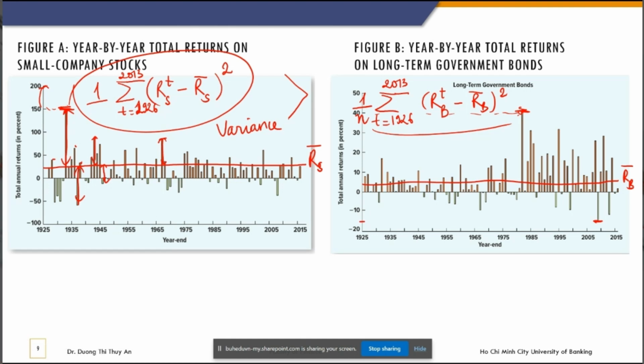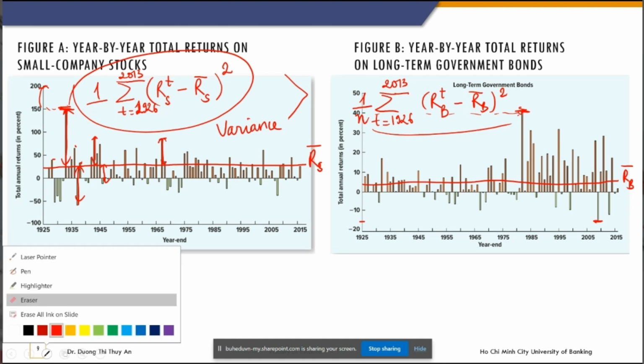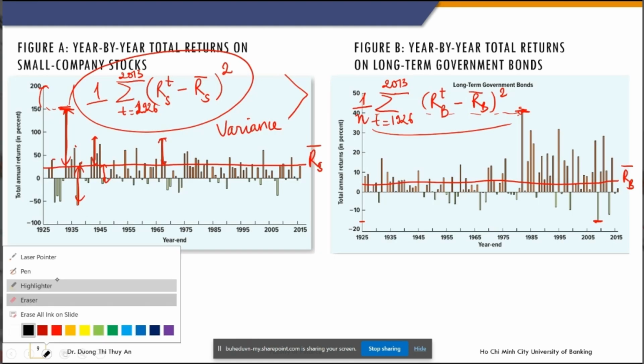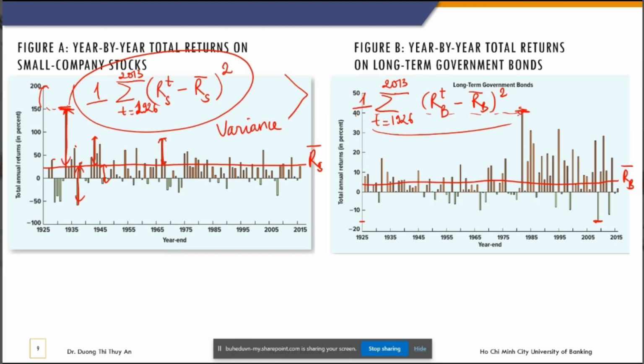Here we can use n, the number of periods or the number of years. Notice that in our formula we subtract 1.